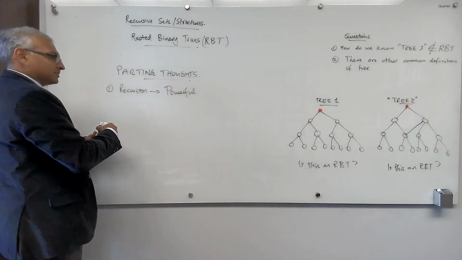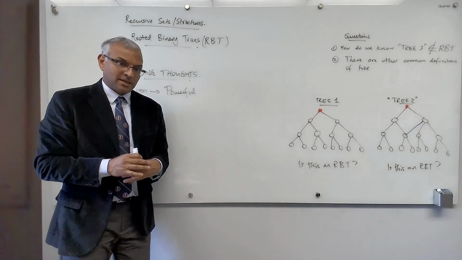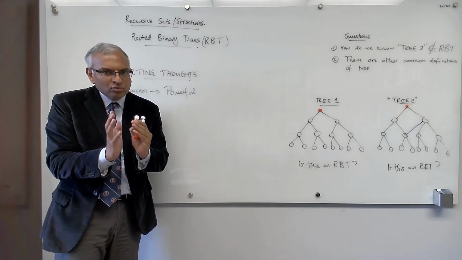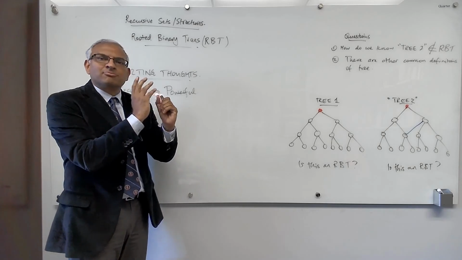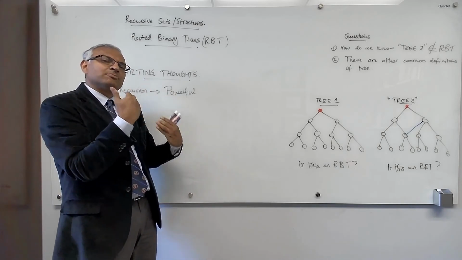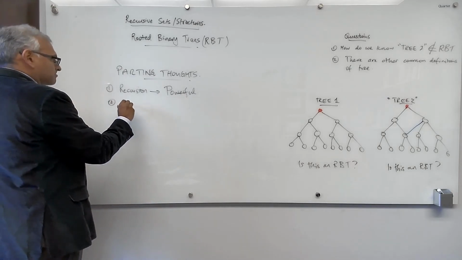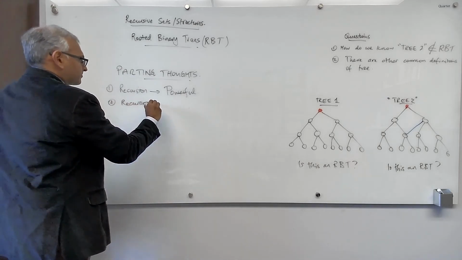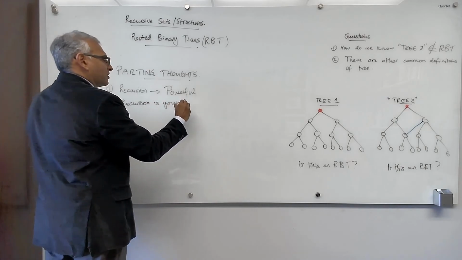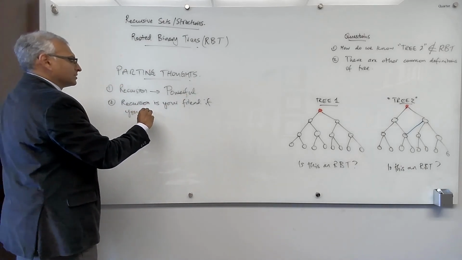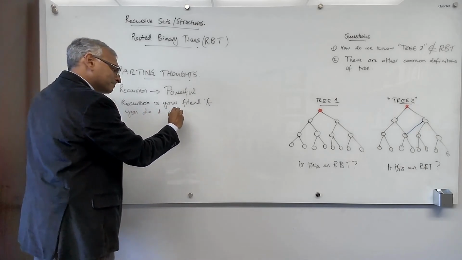But I also want to say that recursion is your friend if you are careful with it and you prove that your recursive programs or your recursive structures have the properties that you think they have. So recursion is your friend if you do it right.